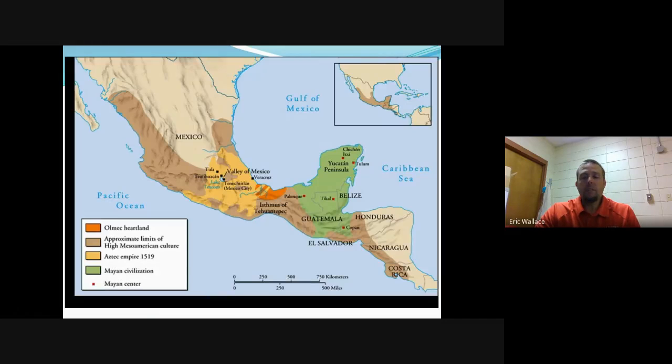So the map here, this is Mesoamerica: Southern Mexico, parts of Central America, Belize, Guatemala, El Salvador, Honduras, in those areas. The 4 civilizations that we'll talk about are the Olmec, which is the orange here, where they thrived.